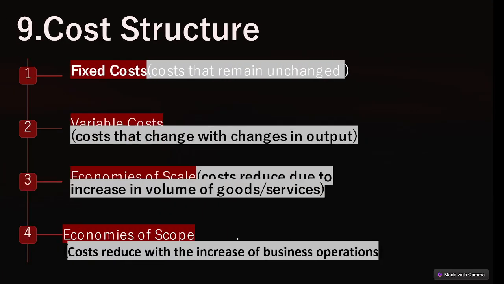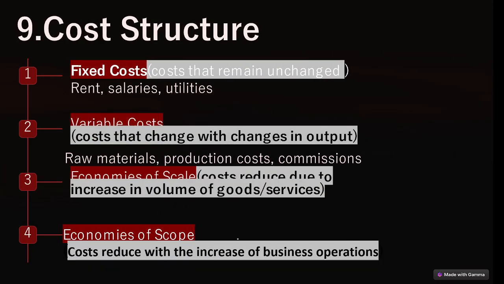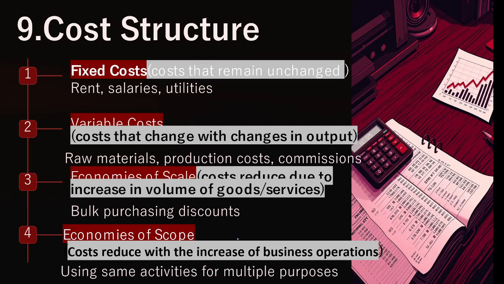And last, dear class, the cost structure. Remember, the cost structure is on the bottom side of the business model canvas together with the revenue streams. In the cost structure, you look at the cost.